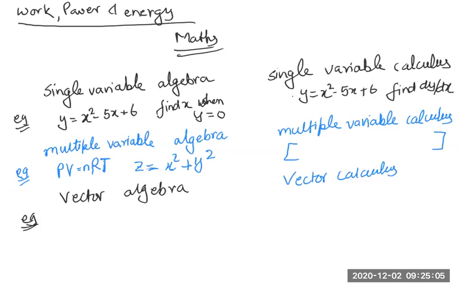So vector algebra is, I don't know, xi cap plus yj cap plus zk cap. And vector calculus has got, just like here you can find dy by dx, or you can find integral y dx.